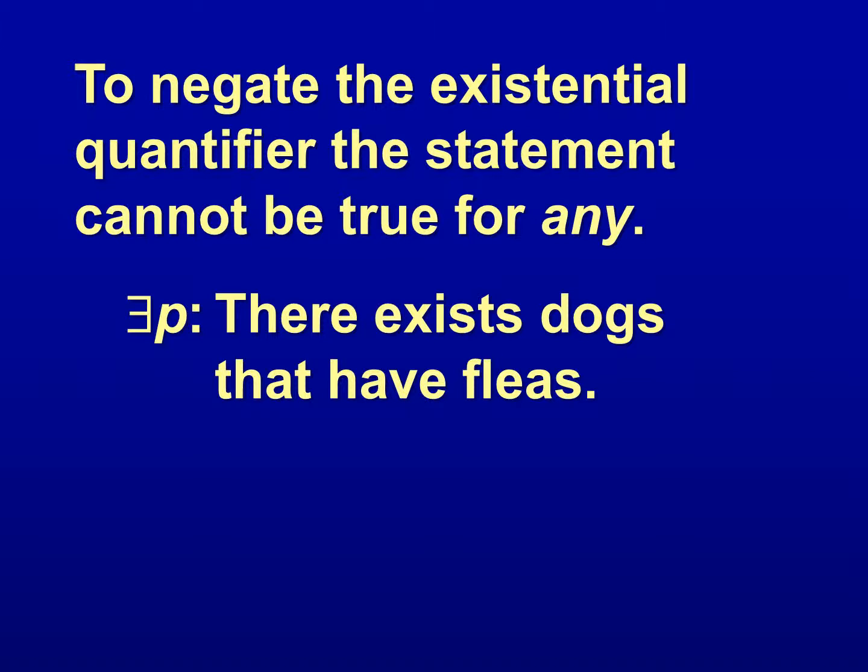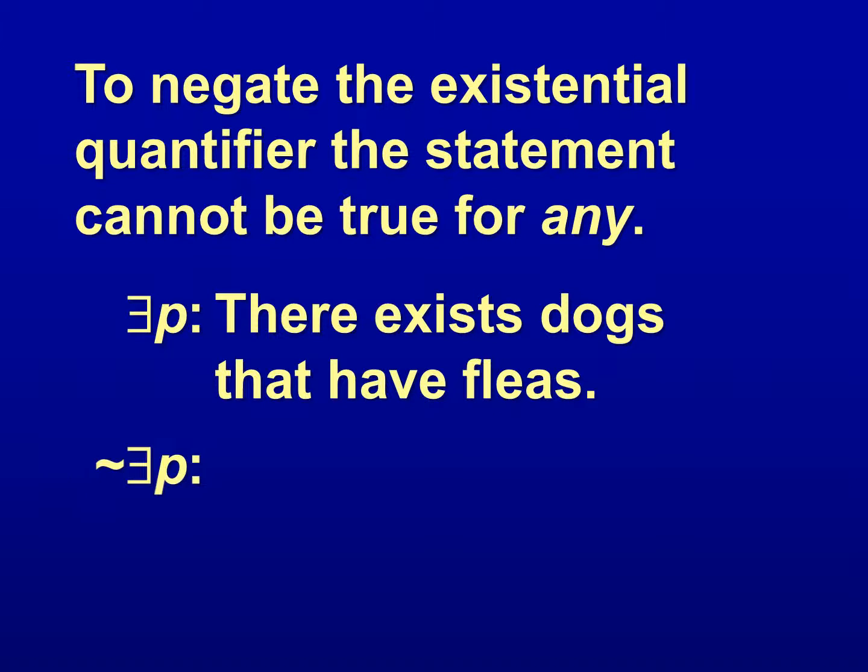We're going to let statement P be dogs have fleas. Okay? So if we want to say the existential P, or ∃P, we would say there exist dogs that have fleas, right? So we just want to say that there's something that exists. Not all dogs, but there exist dogs that have fleas.